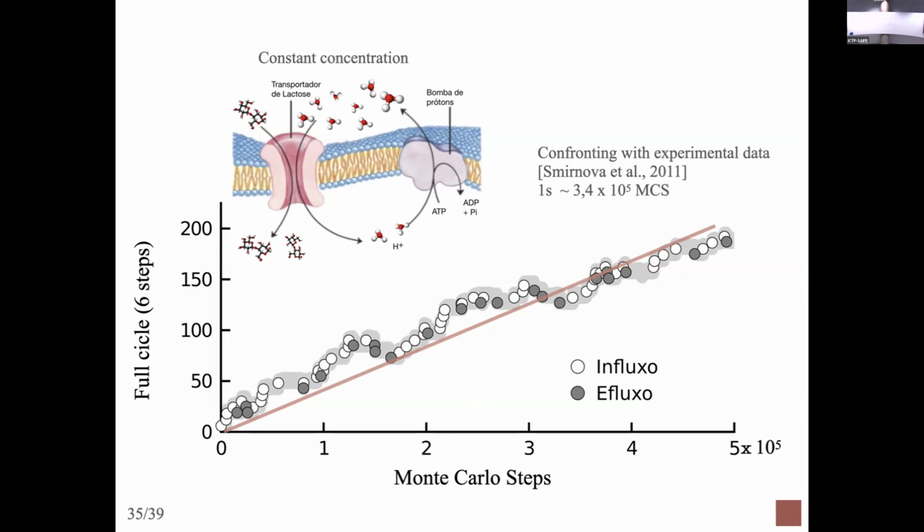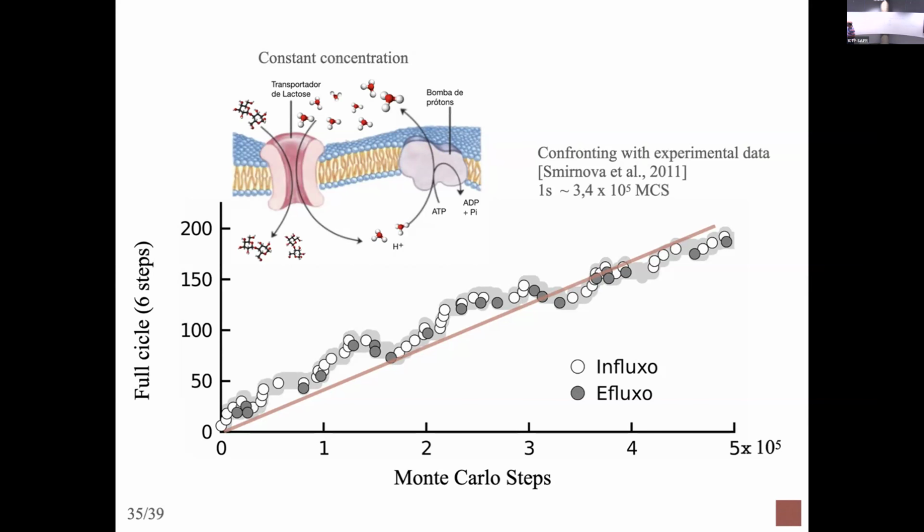The dark one is the number of times the cycle went in the wrong direction, and the white one is the correct direction. But you see that on average it goes up, meaning the white one is getting more: it goes through the correct cycle more often than the wrong cycle.